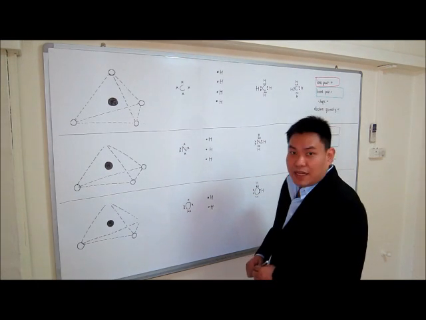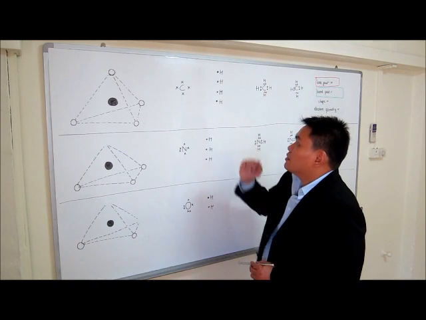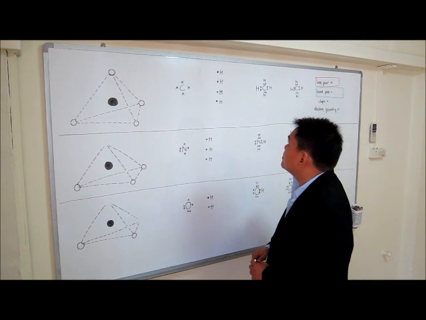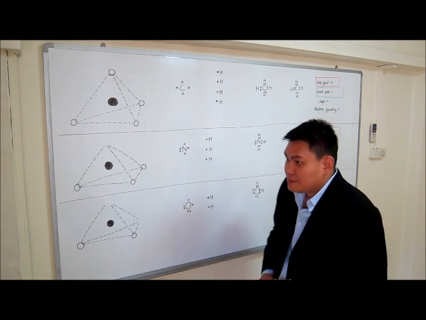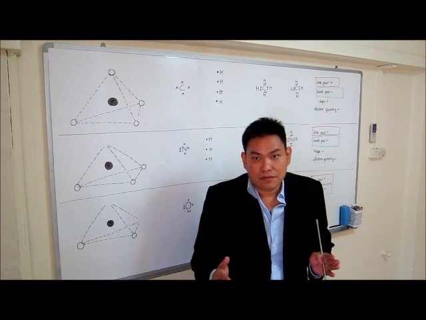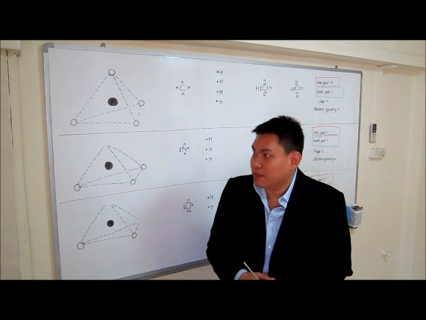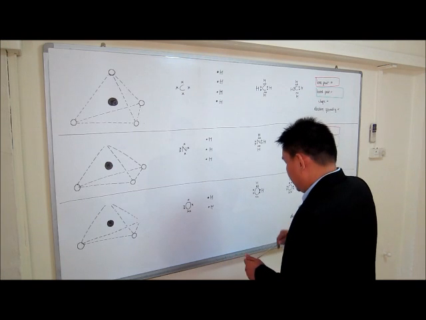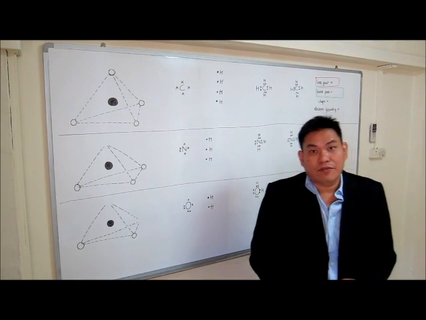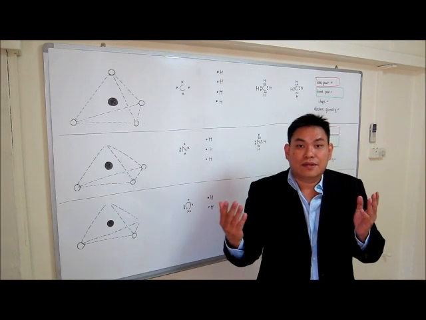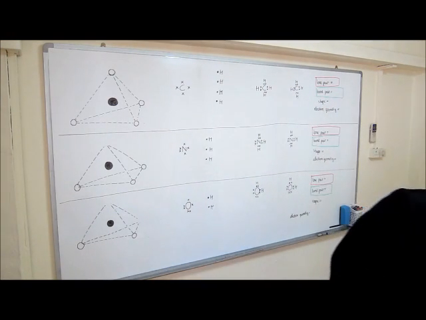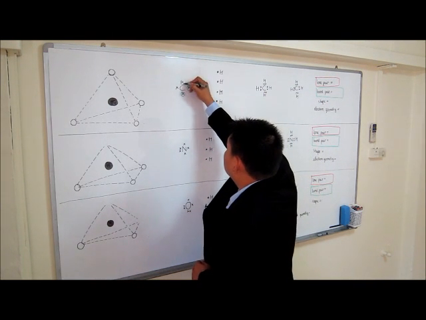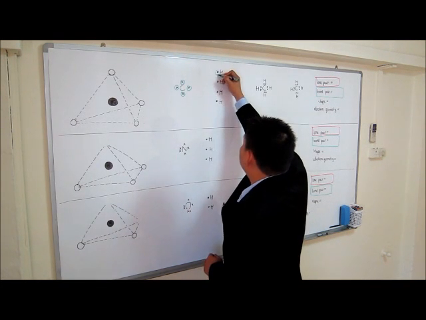But for this simple one, what must we do? Usually I ask my students to draw the dot and cross diagram for each individual atom. Like this example, if you are asked to draw the dot and cross diagram of a methane molecule, I ask the students to draw 1 carbon atom and 4 hydrogen atoms, and there will be unpaired electrons. So we mark the unpaired electrons. Carbon has 4 and hydrogen has 1 each.